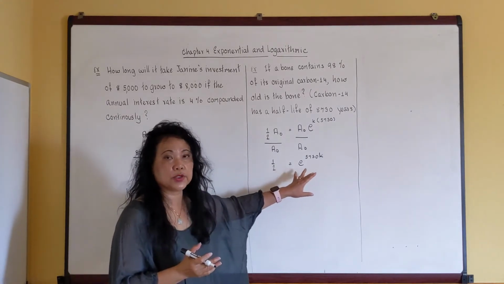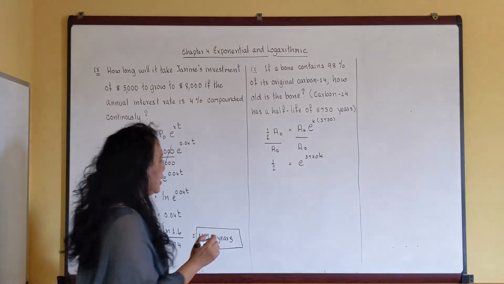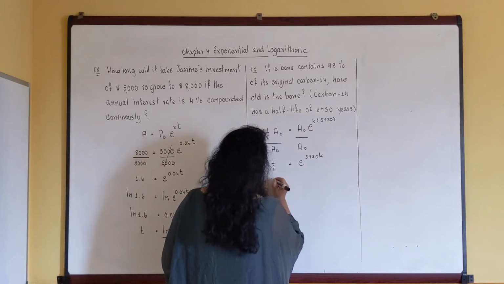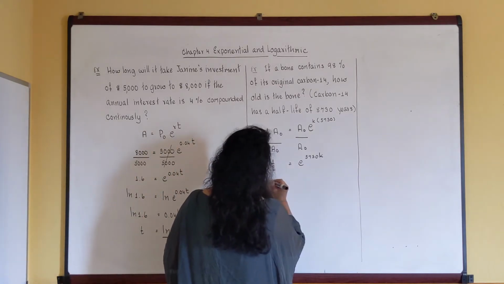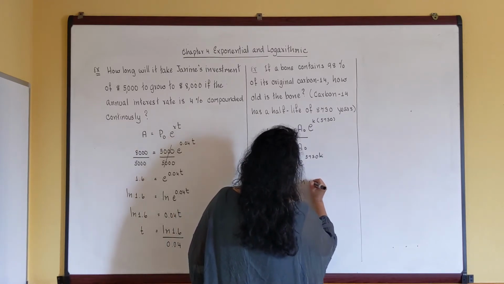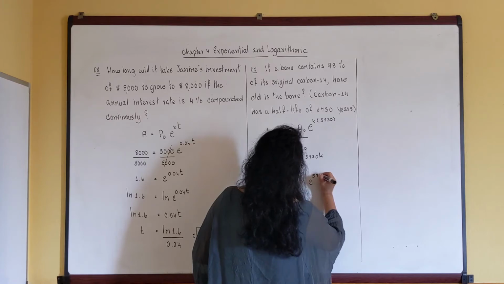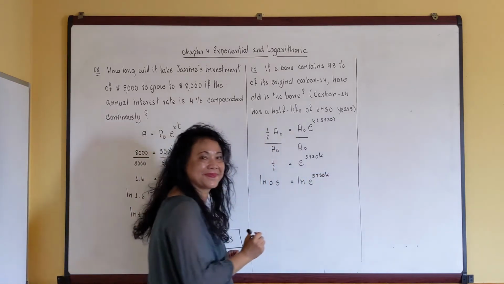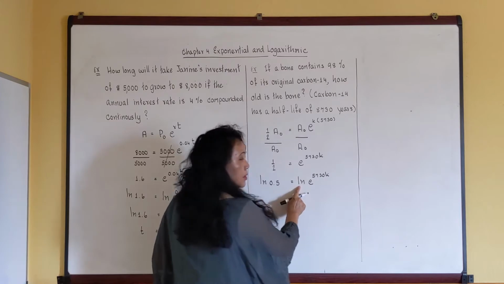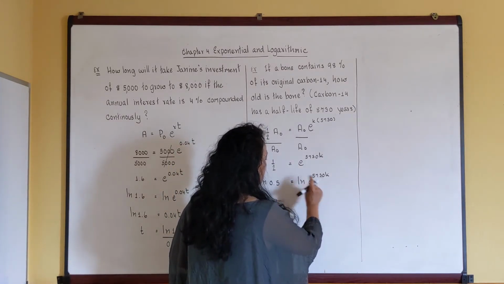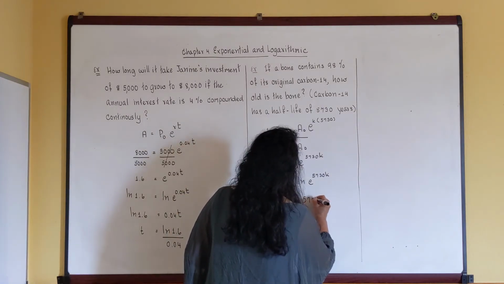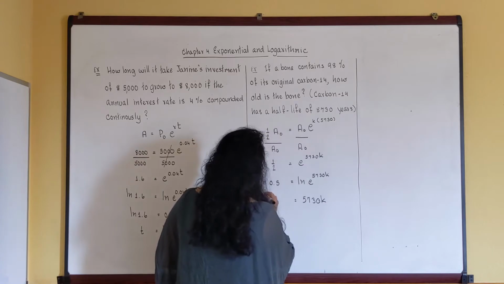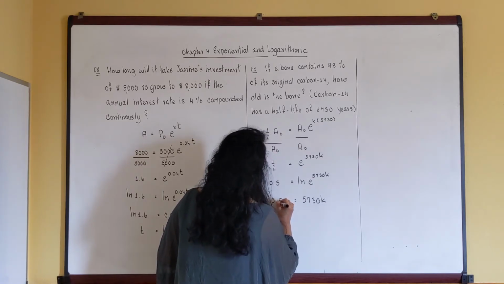We don't know what k is. k is in the exponent, so I'm going to bring it down. I'm going to take log base e of both sides. I'm going to rewrite this as a decimal. You don't have to, but let's write it as a decimal: ln 0.5 equals ln e^(5,730k). On the right hand side, because you have log base e of e^(5,730k), this is equal to 5,730k. ln 0.5 equals 5,730k.